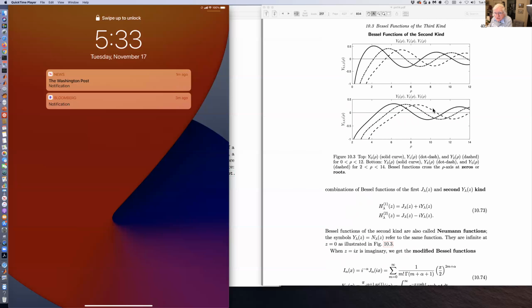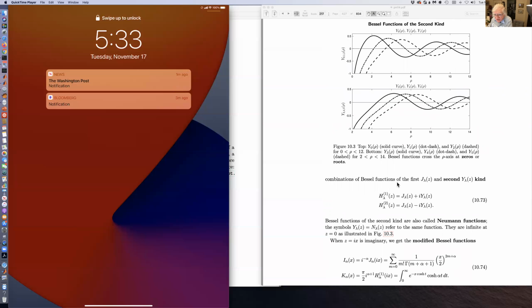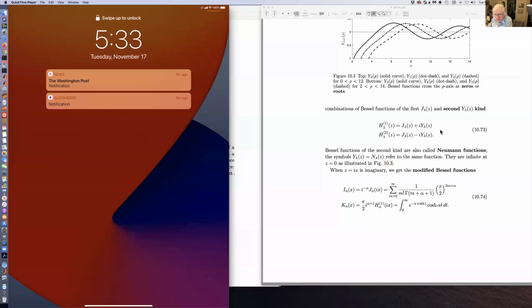And it turns out that they're linear combinations of the Bessel functions of the first and second kinds. So they look like, now you can see that if these functions J and Y are real, as they are for real z and real lambda, then H2 is the complex conjugate of H1.